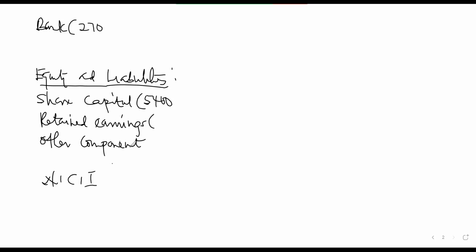Then we have non-current liabilities. Non-current liabilities is how much? 405.